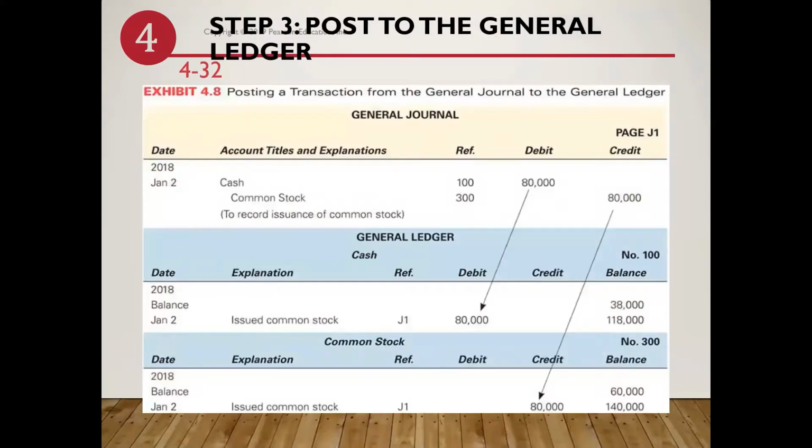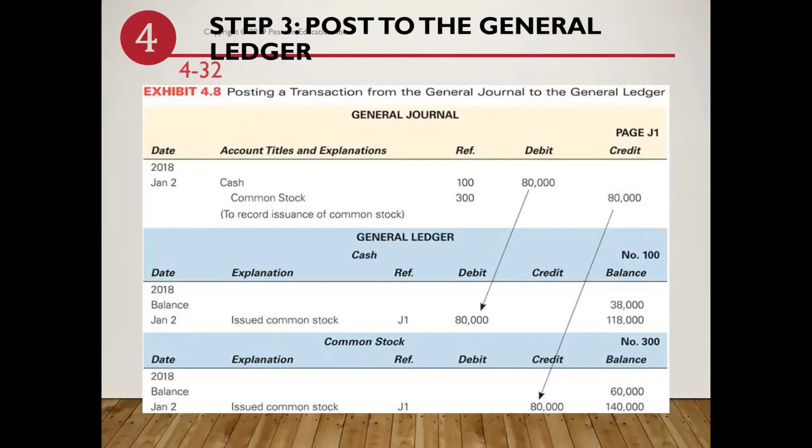Here you see in Exhibit 4.8, it illustrates Plush Service Corporation's posting of the journal entry to the general ledger for the common stock issued on January 2nd, 2018.